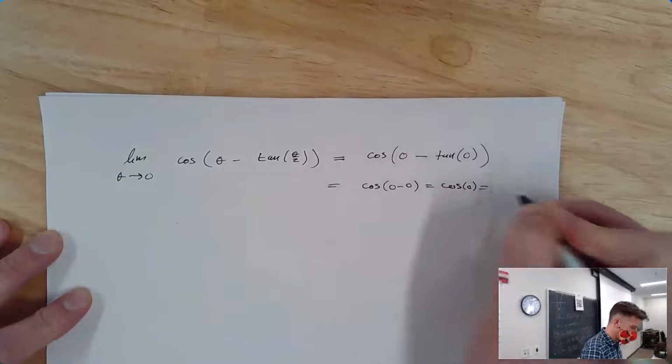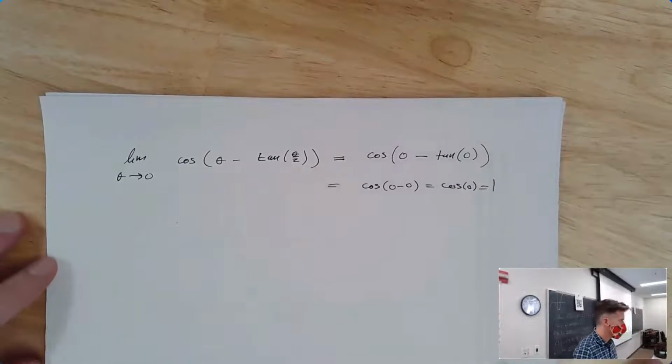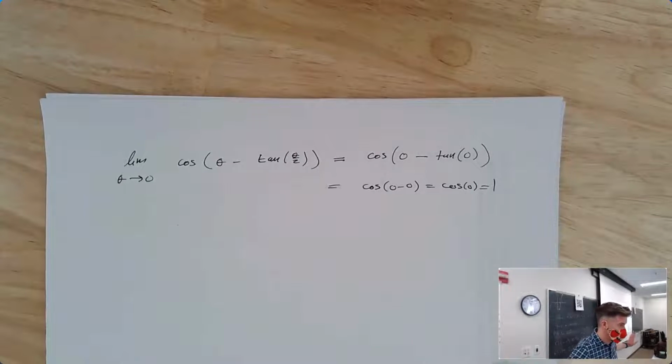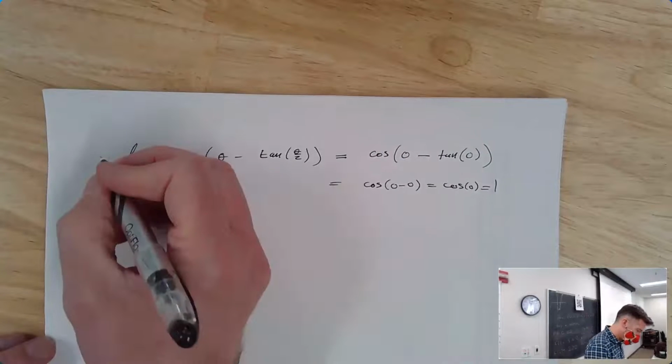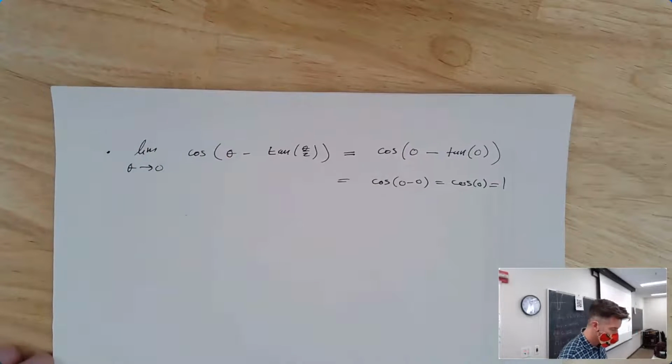What's cosine of 0? Done. That's how you should do that question. Don't make it more difficult for yourself unless, again, your teacher is specifically saying you have to. I don't know what was going on with a lot of that.